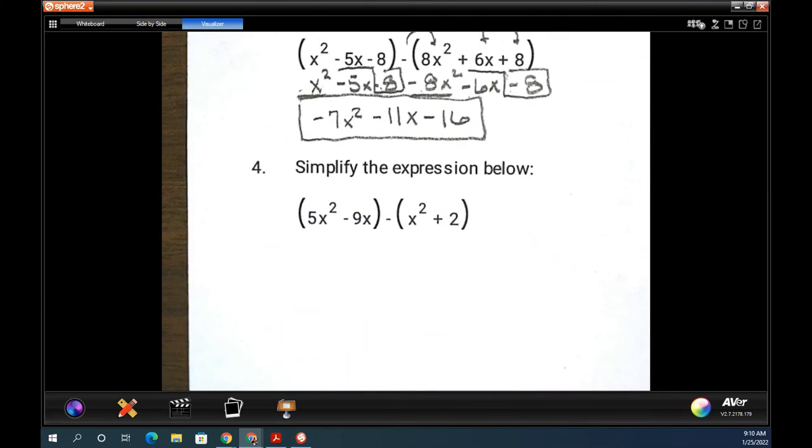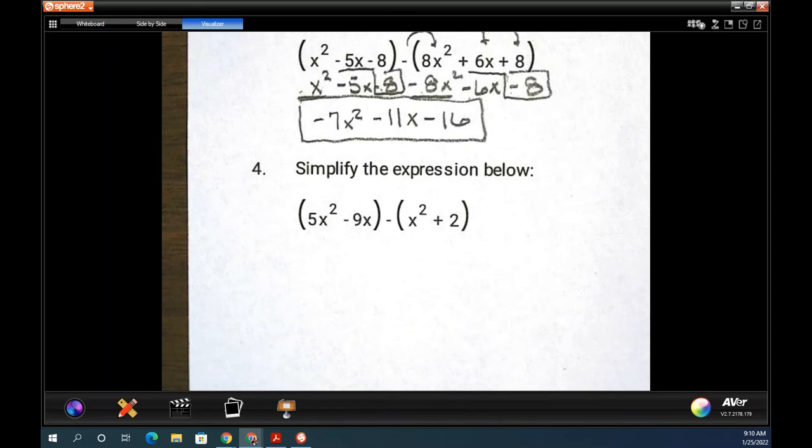Try number 4. Last one. Distribute that negative. It's a binomial minus a binomial.